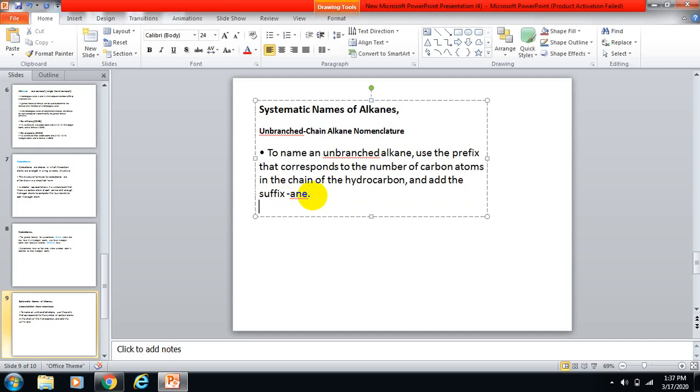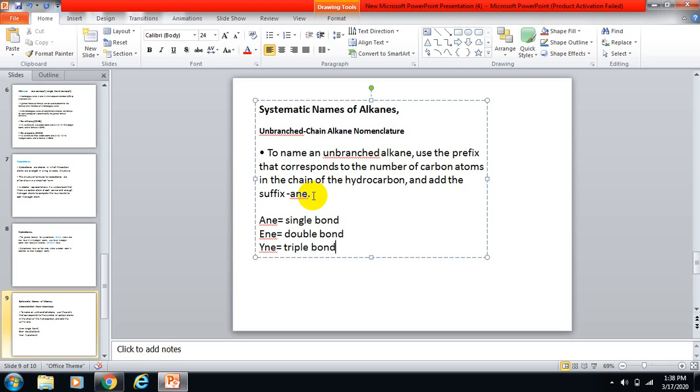Let me draw for you guys here. "-ane": single bond. Now "-ene": double bond. "-yne": triple bond, triple bonds.